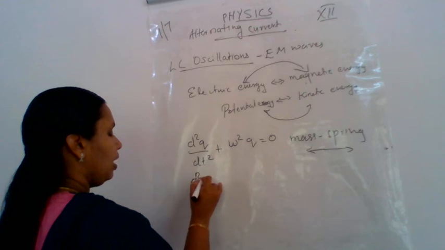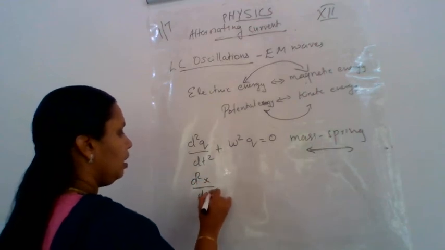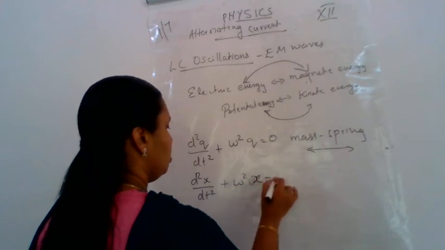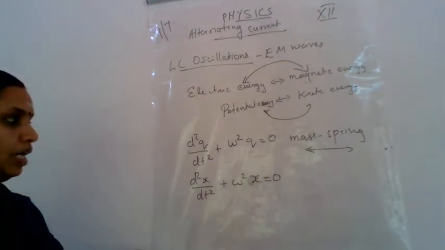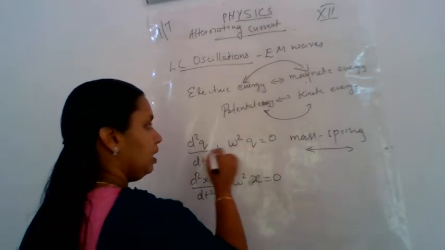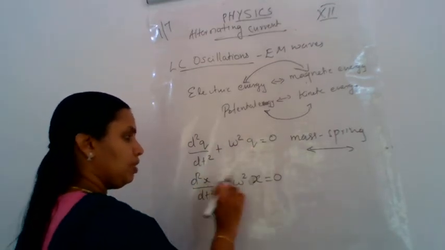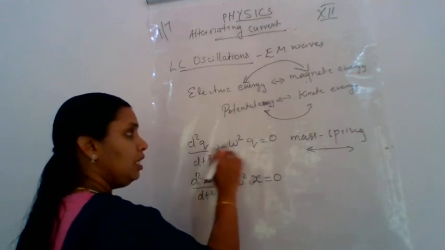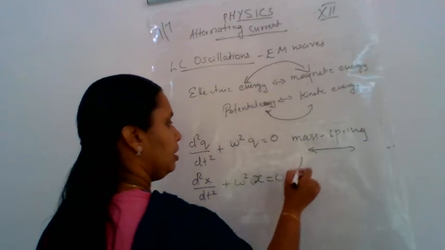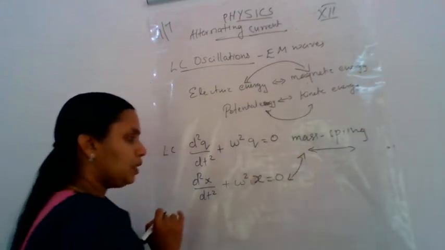That is d square x by dt square plus omega square x is equal to 0. Here is the displacement, and here the change in the displacement, and here the change in the charge. This is for LC oscillation and this is for the mass spring system.